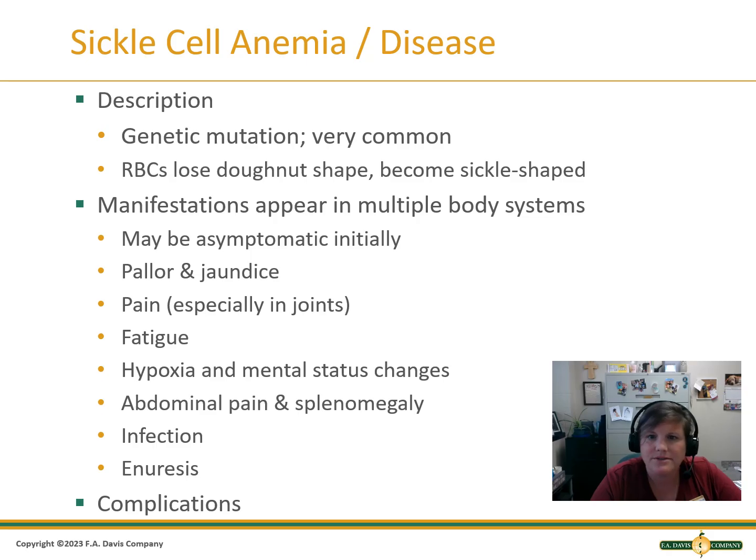Of course, with our joint discomfort or pain, that's going to also affect their range of motion, their mobility. So you may see limitations in that when they're experiencing it.